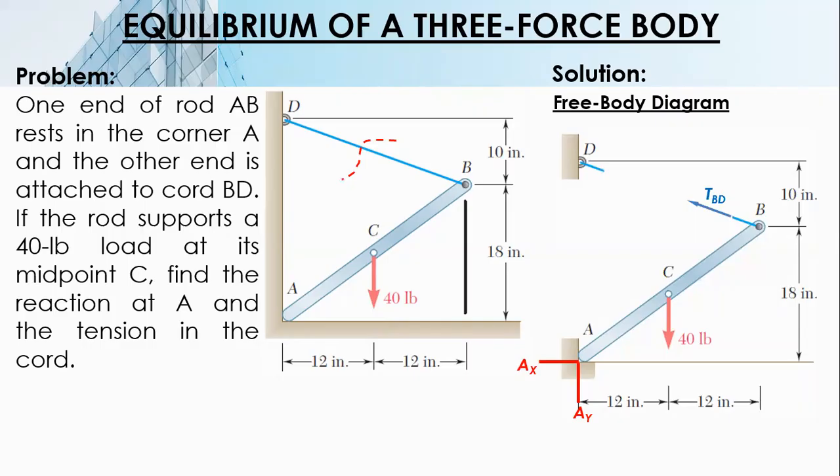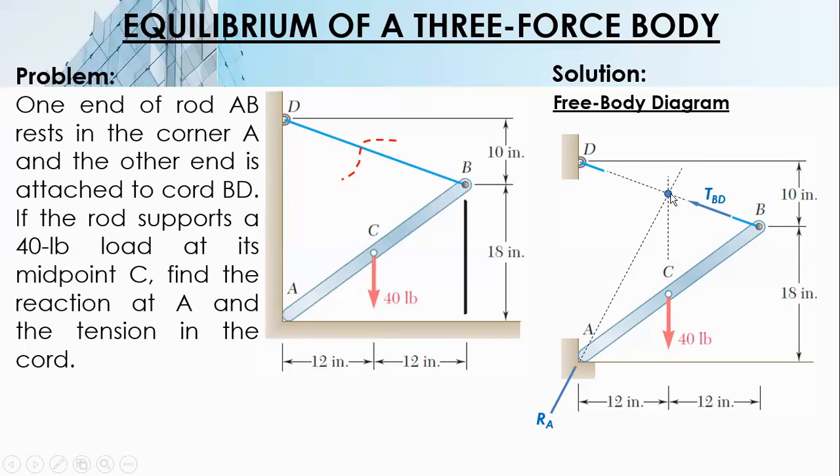So that's the advantage there. Since the lines of action of two forces are known, we intersect them. They intersect here. Therefore, the resultant RA must also pass through this point, so that it is in equilibrium. So we have replaced the components by RA.